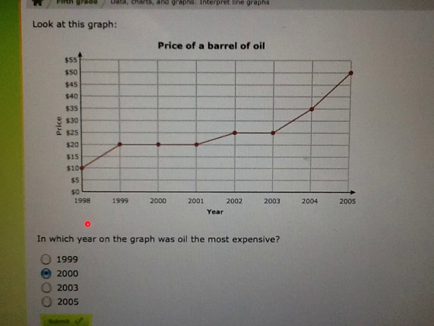You can see that we're talking about years, and then we're talking about the price for a barrel of oil. It wants to know which year on the graph was the oil the most expensive. Well, this is $0, this is 55, so the number that is the highest is going to be the most expensive. So the year 2005, it is the most expensive at $50.